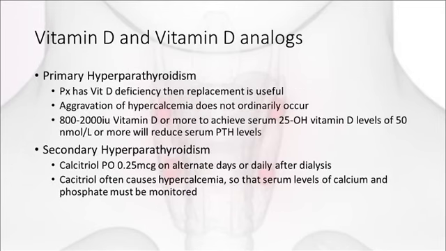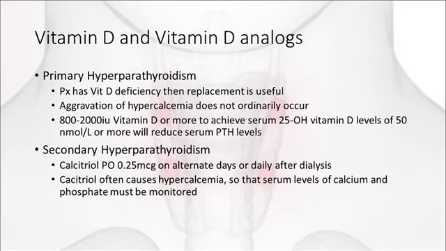Now, in primary hyperparathyroidism, patients with a vitamin D deficiency require replacement. Aggravation of hypercalcemia generally does not occur when you replace vitamin D. Anywhere between 800 to 2000 international units of vitamin D or more may achieve a serum 25-hydroxyvitamin D level of 50 nanomoles per liter or more, which will reduce the serum parathyroid hormone levels.